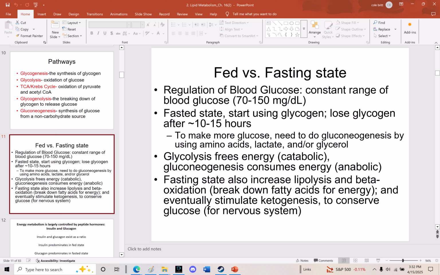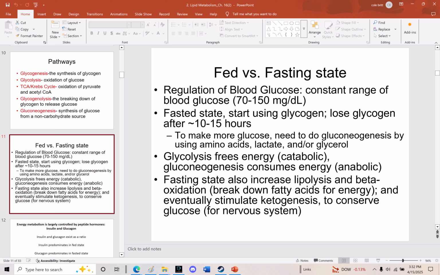I'm just going to write it here. So lipolysis is the breakdown of triglycerides. And what you're doing is you're actually pulling off fatty acids from the glycerol.